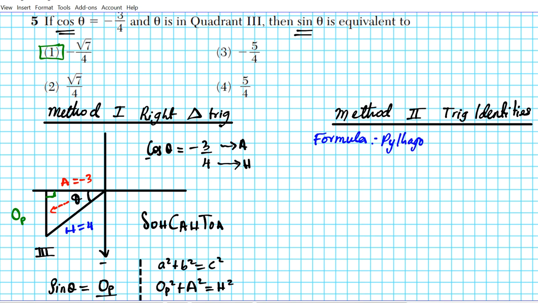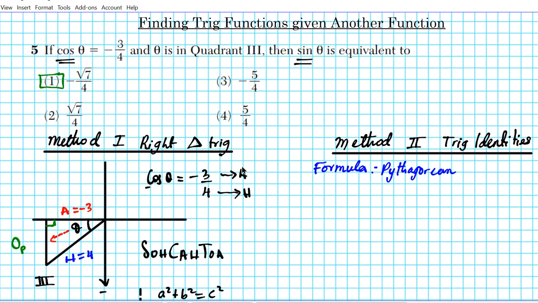There are 3 of them, but we need the one that relates sine and cosine exclusively: sine squared theta plus cosine squared theta is equal to 1. And then you also have to remember the signs of your 6 trig functions.